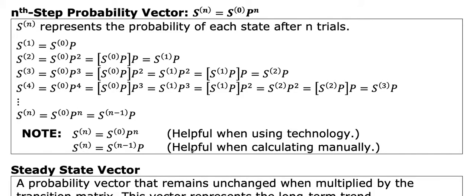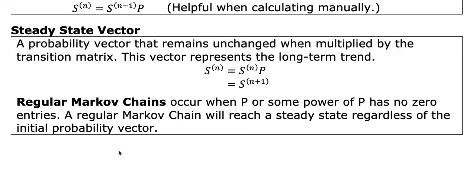Whereas this form is helpful when you're calculating by hand and you can substitute in the previous step and do them consecutively one after the other to figure out the values. So we'll get to this with our example shortly.